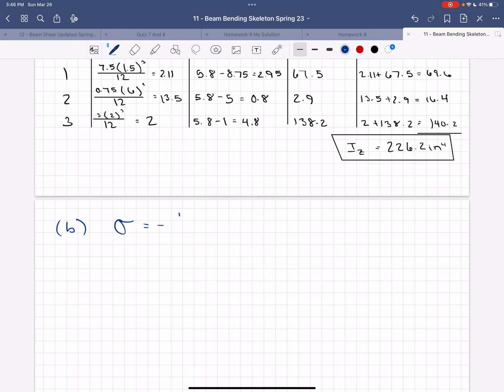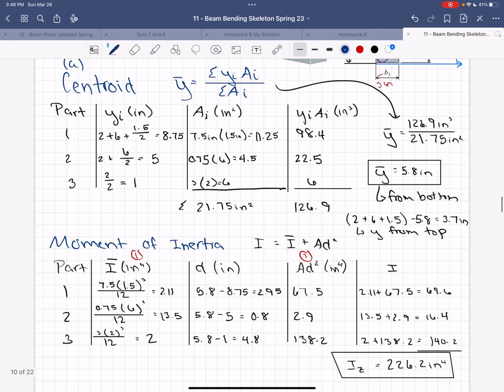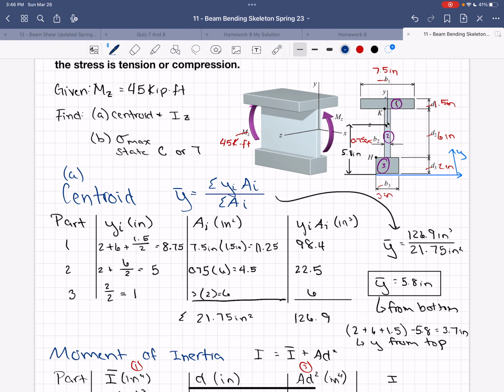Okay, so our equation for the stress equals negative My over I. Max stress at largest y. So the max will always occur on either the top of the beam or the bottom of the beam.